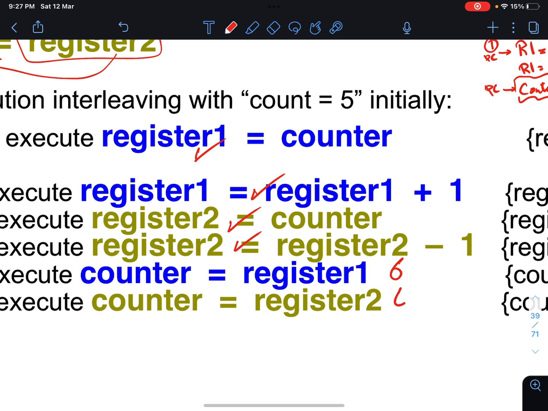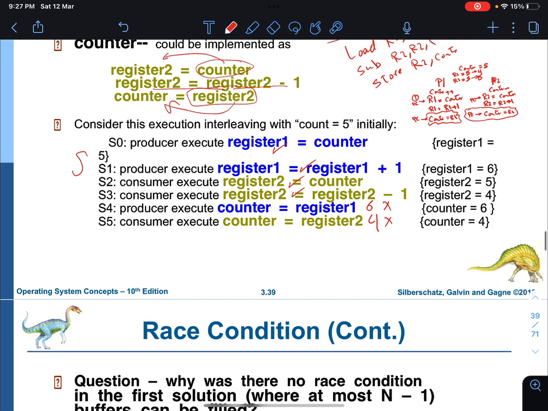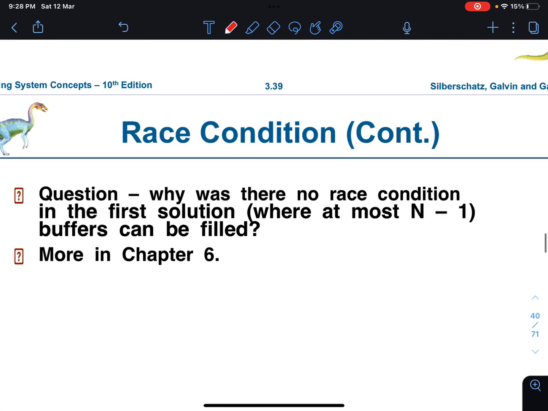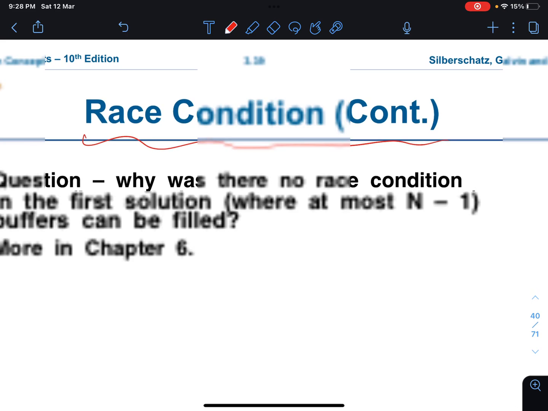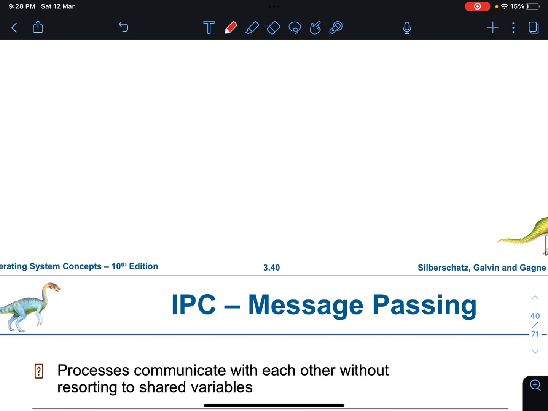Now counter is 4. And 6 is wrong, 4 is wrong, because both of them, that's increasing and then decreasing. It should actually be 5. Okay, what is the problem here? It's not atomic. And that's what we call the race condition. And this is going to be solved in chapter 6.